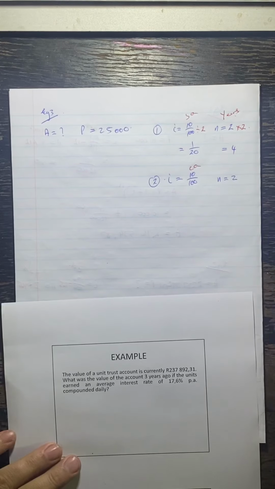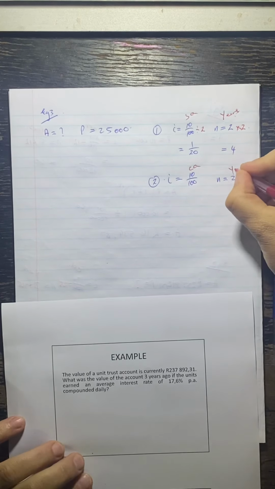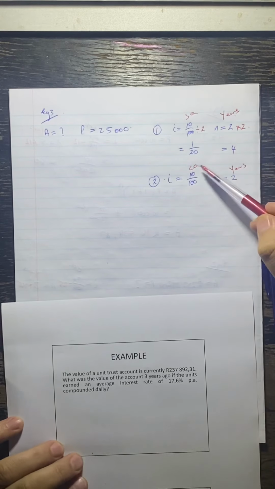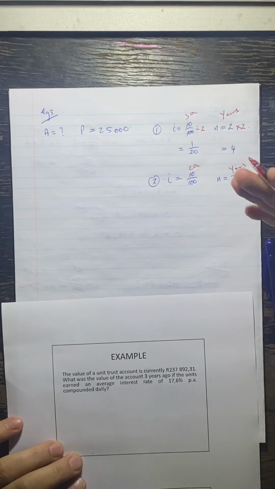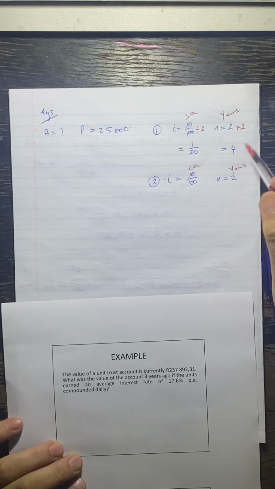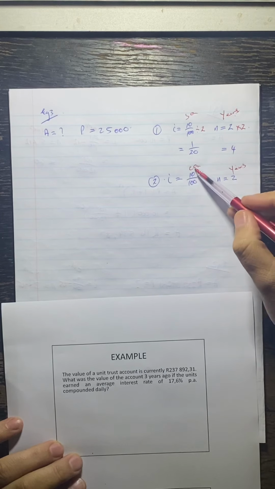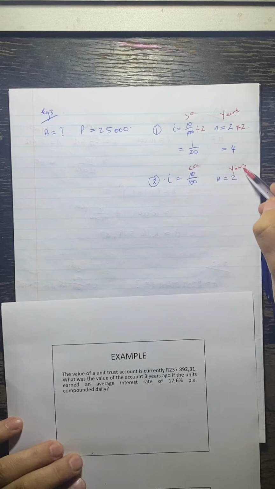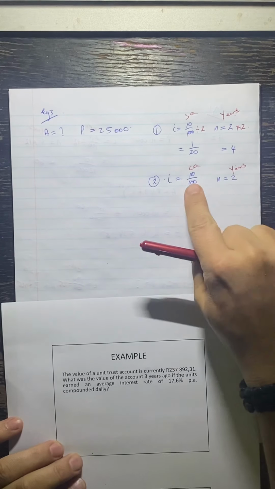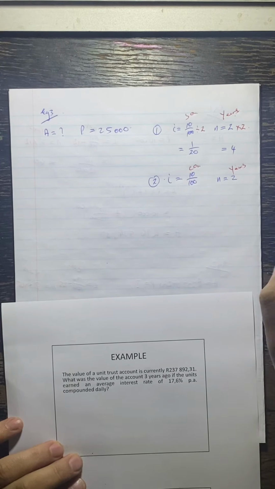And this is in years. So here we have annually and here we have years. These are in the same unit, so I don't have to do anything. I don't have to change these because they're not in different units. Compounded annually is the same as saying compounded yearly, and this is in years. So we can leave those just as they are.